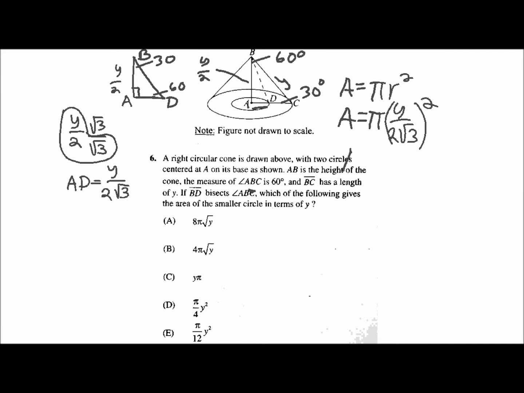And let's bring it down. A equals pi times y squared, and 2 times 2 is 4, and the square root of 3 times the square root of 3 is 3. And so we end up with pi over 12 times y squared. Come over here and we look for one of the answers that looks like that, and we see that it is E.